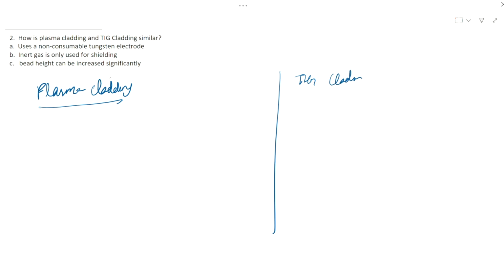Now, plasma cladding and TIG cladding. This also uses a non-consumable tungsten electrode.